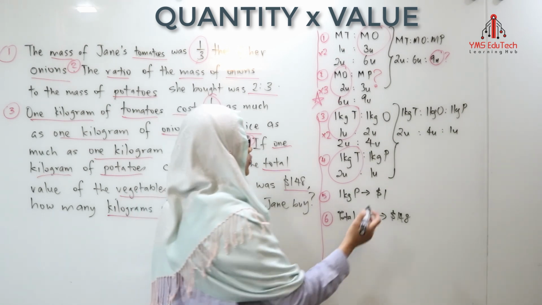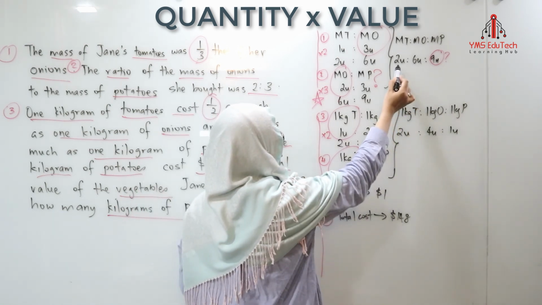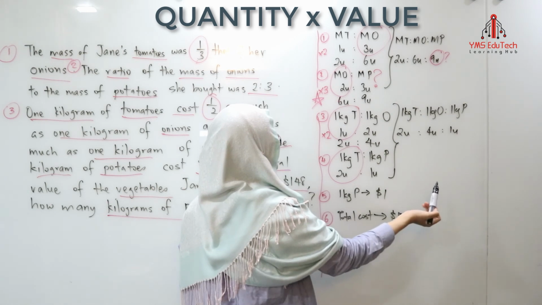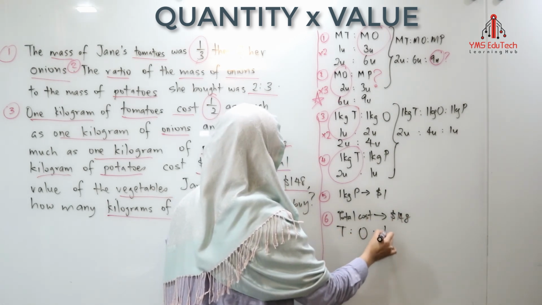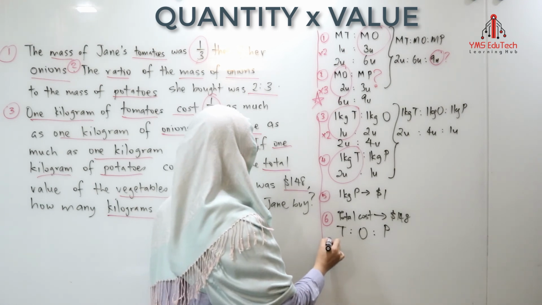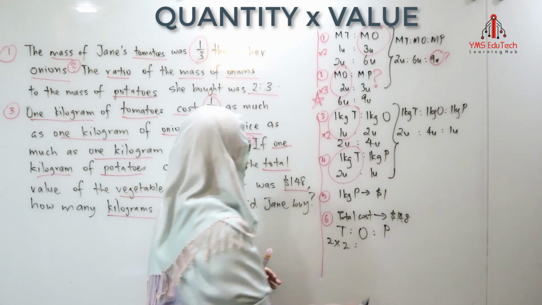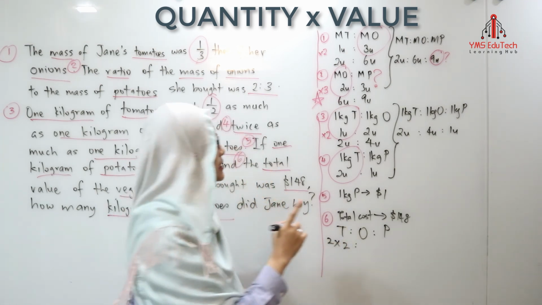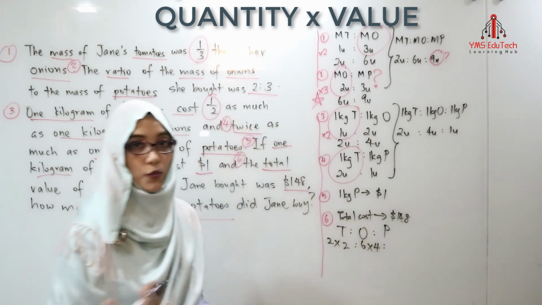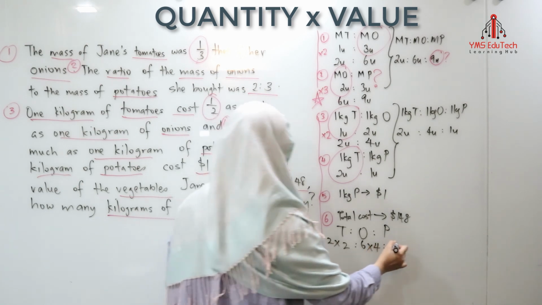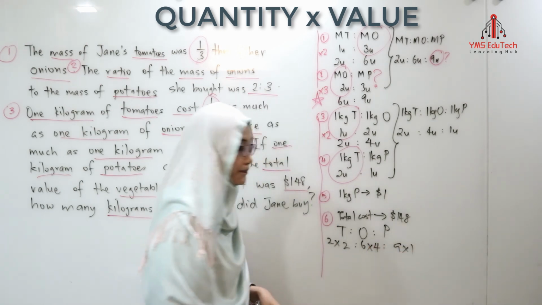For tomatoes is to onions is to potatoes, I will have 2 times 2. For onions, it will be 6 times 4. For potatoes, it will be 9 multiplied by 1.